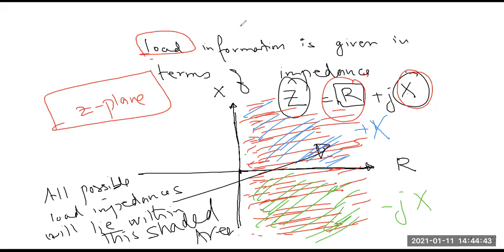And you can see, if I ask you how much is this area, of course you will say this is the infinite area. If I consider all possibilities about Z, Z can have any value, so it means this whole region. And of course, because R is from 0 to infinity, similarly X is also from minus infinity to plus infinity. So the region that we have to draw to represent all possible values of Z has infinite area. Okay. Now with this background, let me talk about Smith chart in the next session.